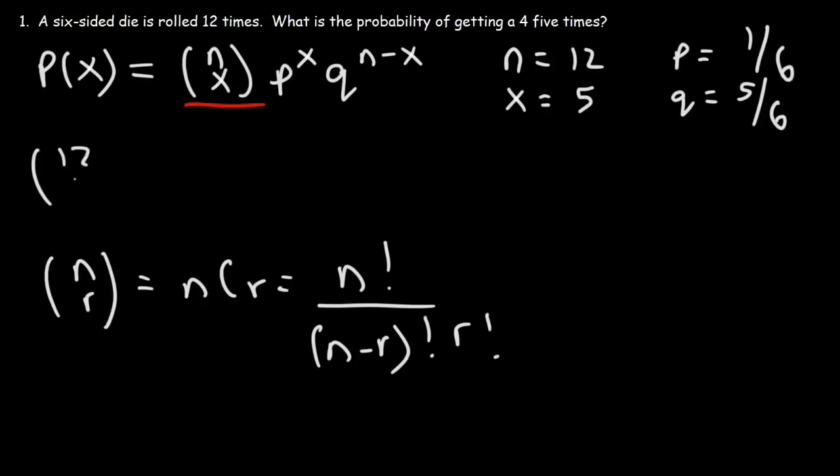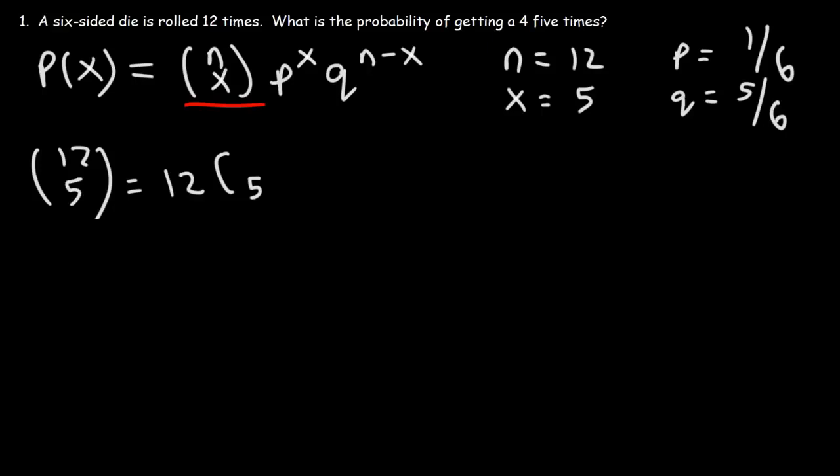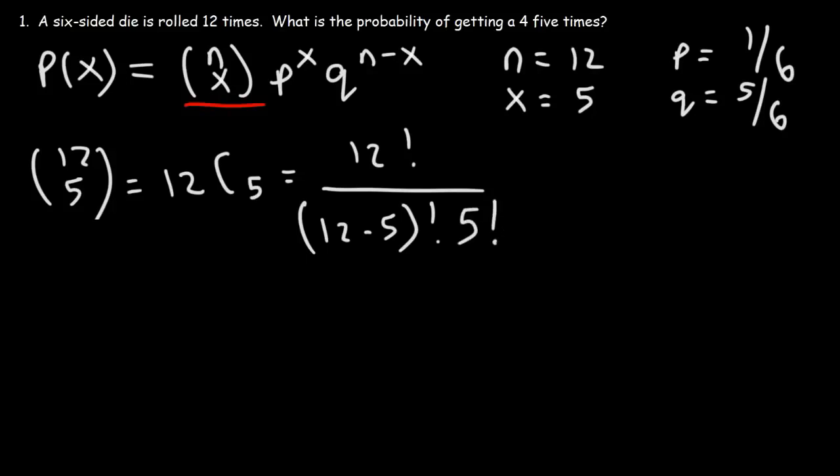So n is 12, x is 5. So this is 12C5. That's going to equal 12 factorial divided by 12 minus 5 factorial, times r factorial, or 5 factorial.